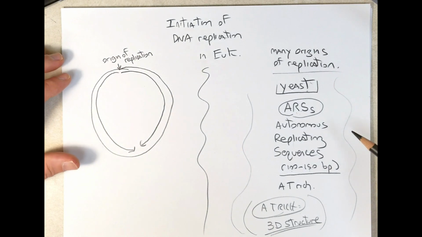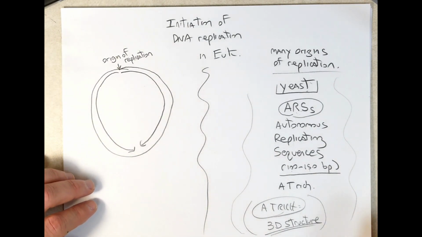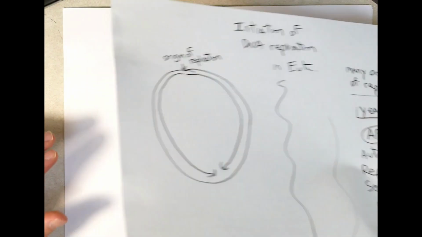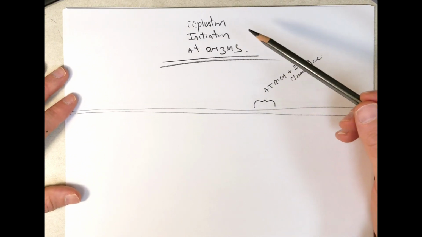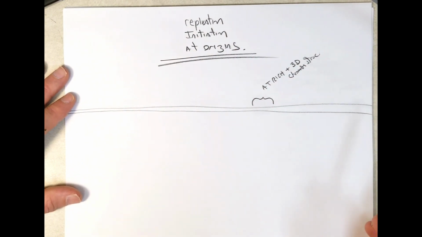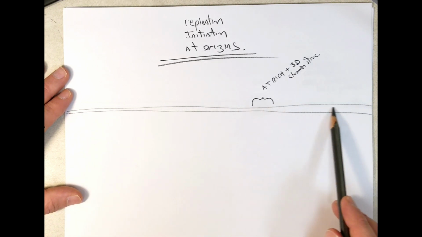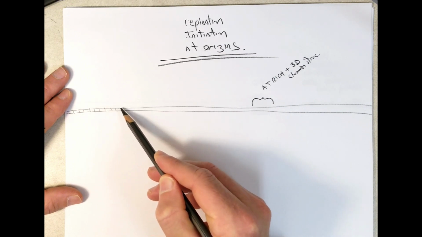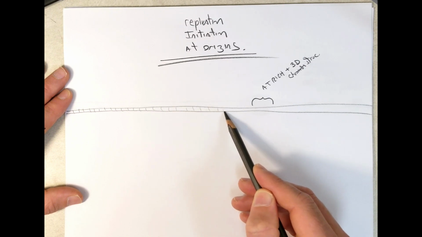What we're really going to focus on in this video is the proteins involved in initiation of DNA replication in eukaryotes, so replication initiation at origins. Let's say this is a long piece of DNA, and we'll go with yeast, but the replication process is thought to be very similar in humans and other eukaryotes.